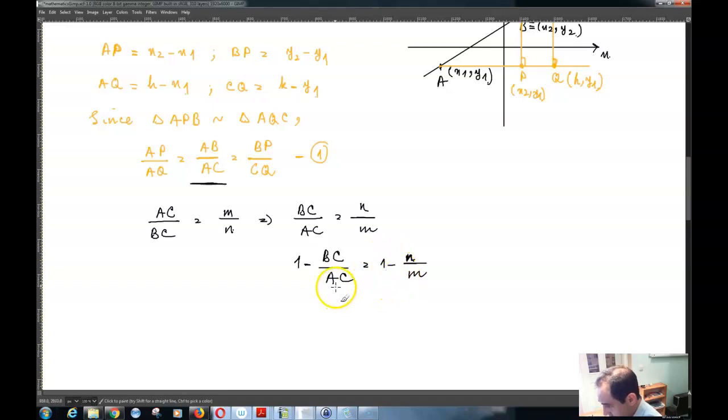Now you can write AC minus BC over AC, and over here you get M minus N over M.